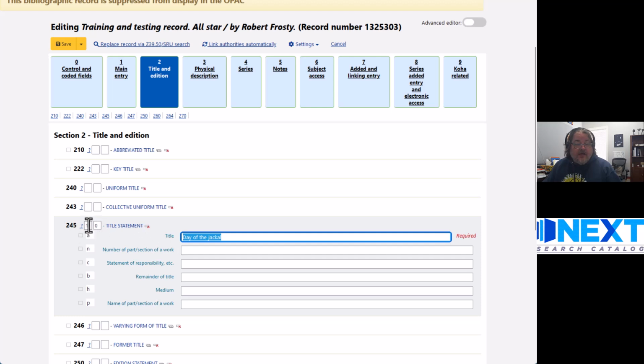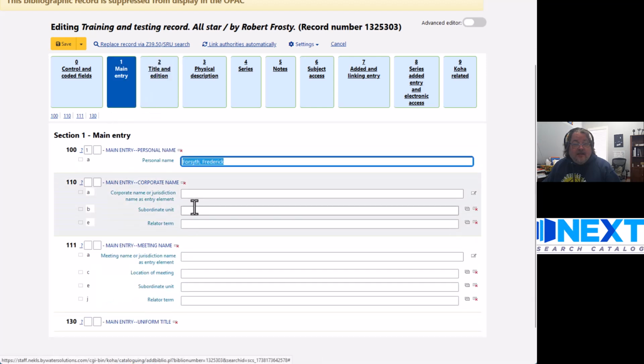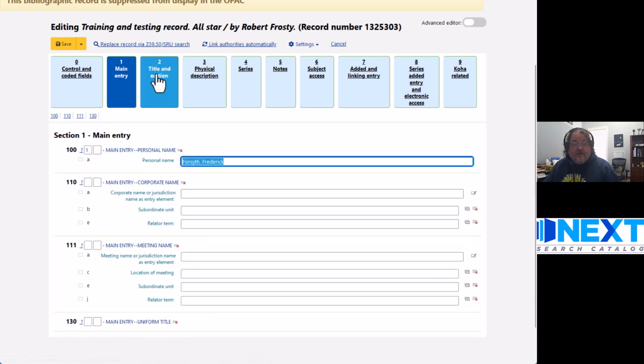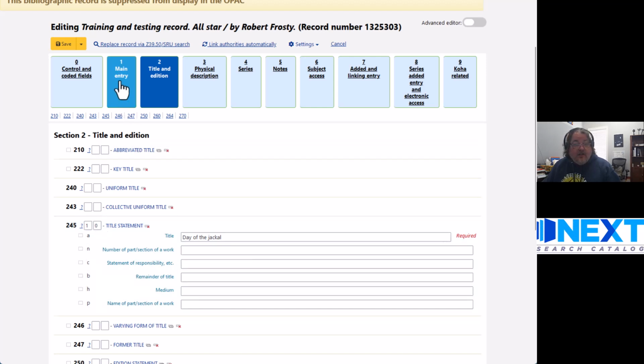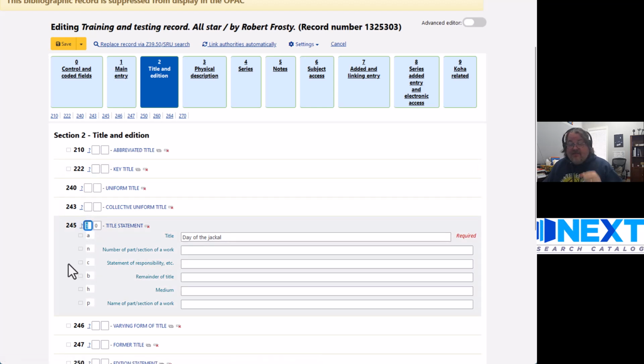That's what the first indicator does, and I've got this all set up so that when you type a title in here and take the cursor out, it's going to look at all 4 of the main entry fields, and if any of these are in use, it's going to make this a 1. Simple, easy. And if all of the main entry fields are blank, then it's going to put a 0 to indicate that the title is the main entry.